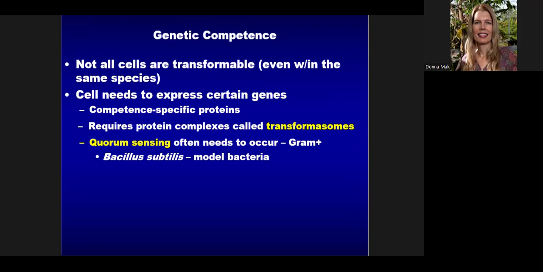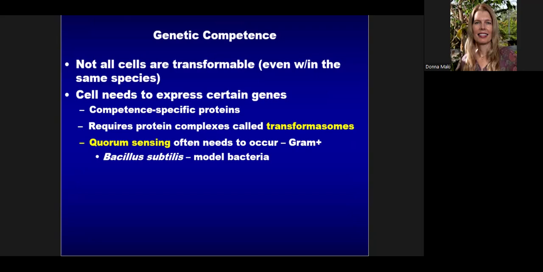And what they see is that there often needs to be this communication process that's called quorum sensing, which we'll get into more as the semester goes on. But quorum sensing is a way that microbes assess what's going on around them.